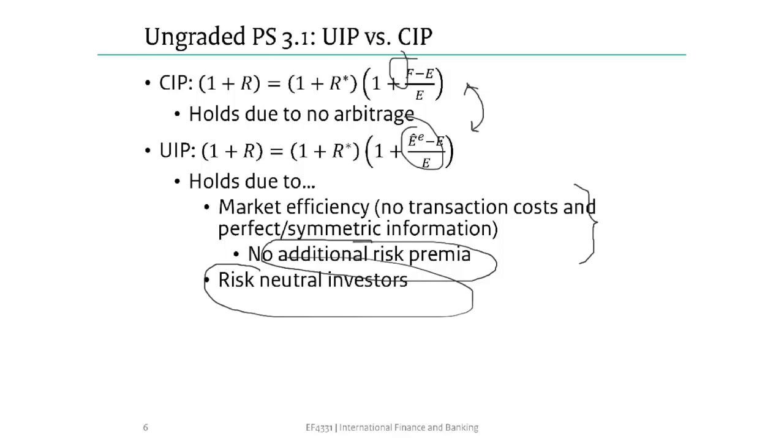Markets can aggregate information, and therefore you can rely on the markets to forecast the future spot rate. Another way of saying this is that there's no risk premium. So E fully captures all sources of risk. When I say default risk and these other sources of risk, that's all factored into E hat E.